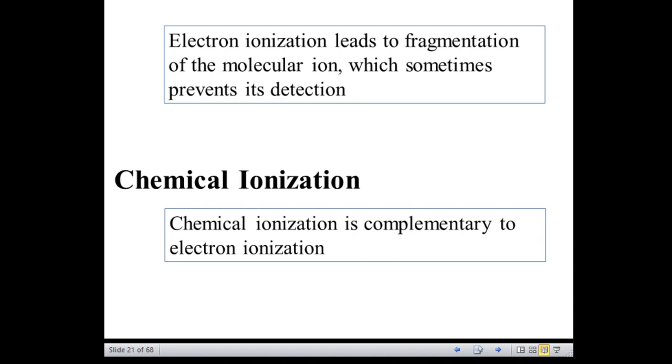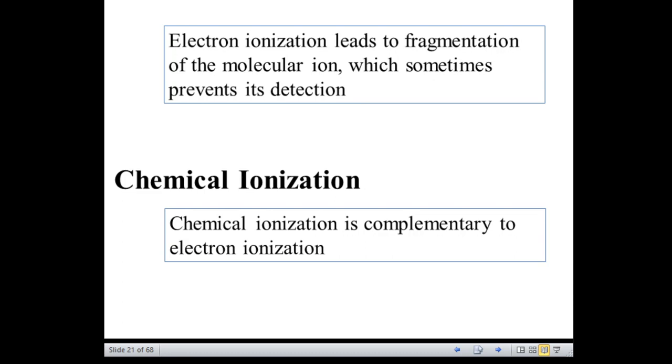So can you make out the difference? Here there are already ions present in the source. We refer to those ions as primary ions, and this ionization technique produces ions through a collision of the molecule to be analyzed with primary ions.